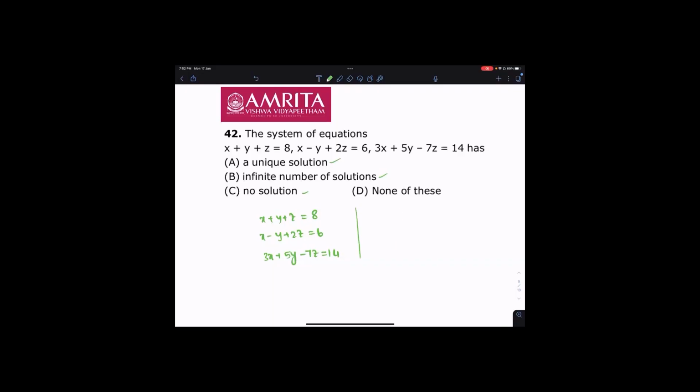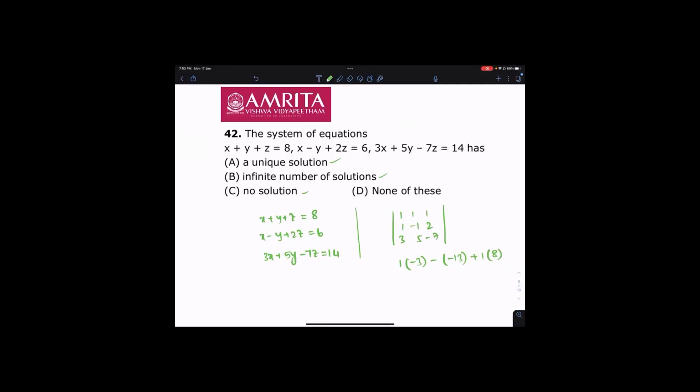Now delta you find: 1, 1, 1; 1, minus 1, 2; 3, 5, minus 7. It will be 1 into (7 minus 10) minus 1 into (minus 7 minus 6) plus 1 into (5 plus 3). So what are we getting?